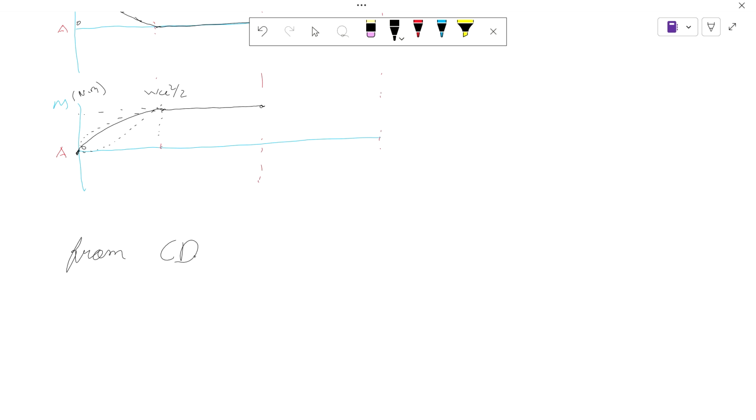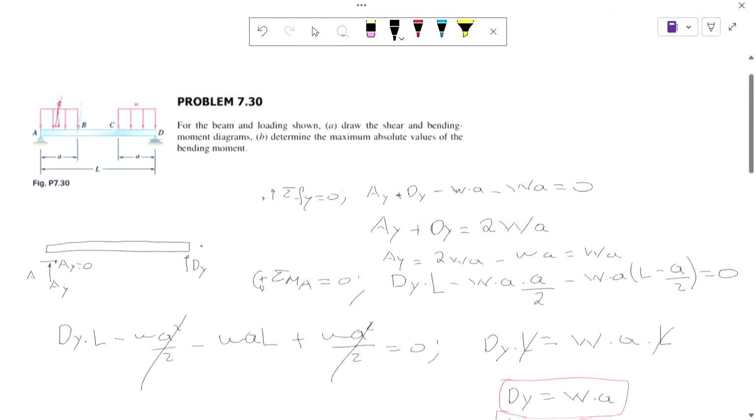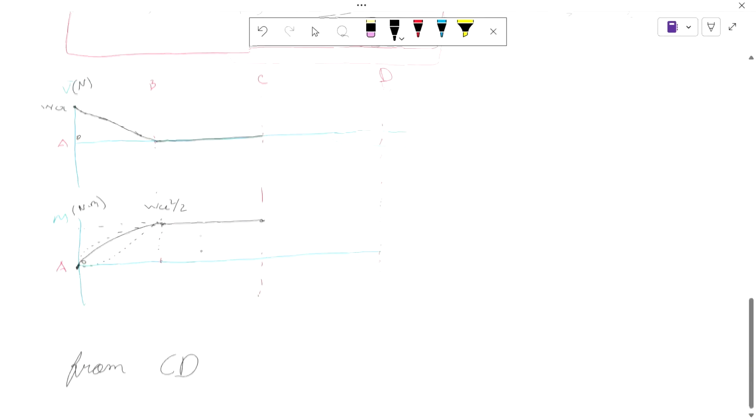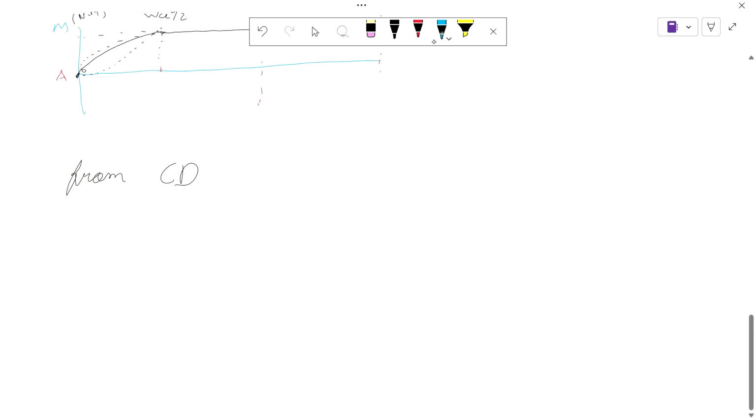From C to D, in element C to D, let's take those points and try and plot what we have. So we have a section going from point C to point D. Right here we have a force, which is the distributed load. Let me see something.